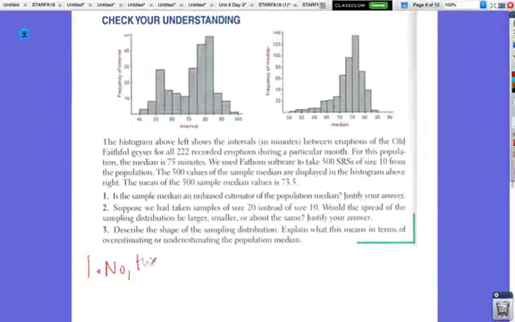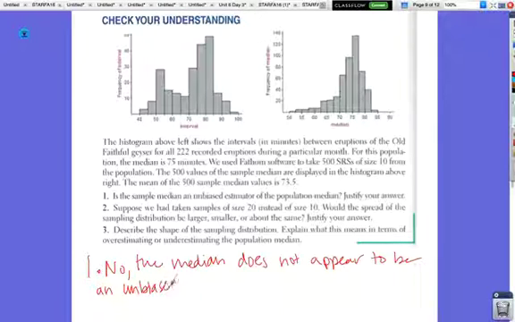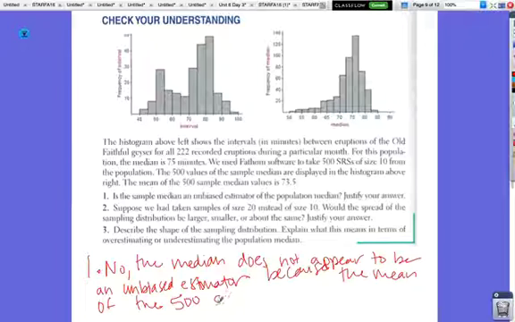no. The median does not appear to be an unbiased estimator because the mean of the 500 sample medians, which is this one right here, is 73.5.